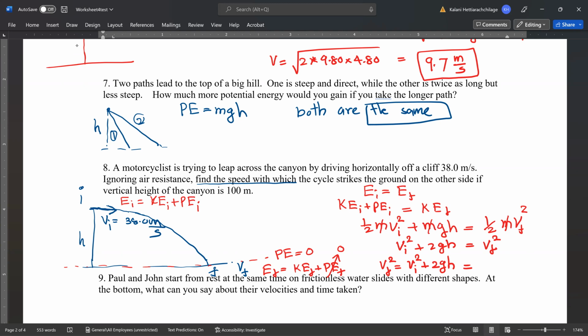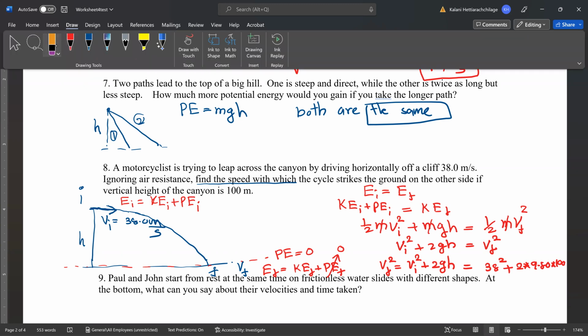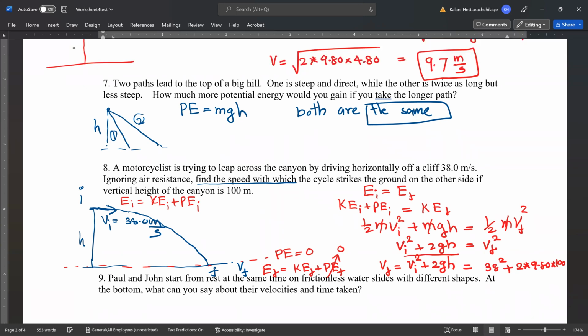V initial squared is 38 squared plus 2 times 9.80 times h, which is given as 100, right? And then find the v final. V final will be just the root of that number. I'm going to do this at the same place since I do not have much space here. Take the root of that, and that will give you the v final answer. So I have 58.3 meters per second.